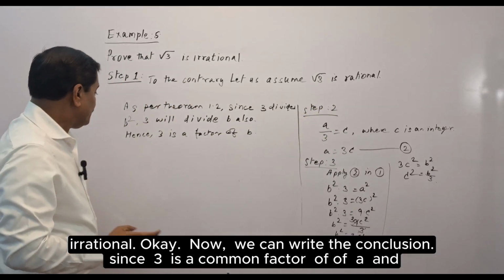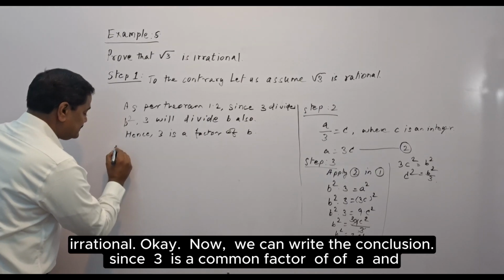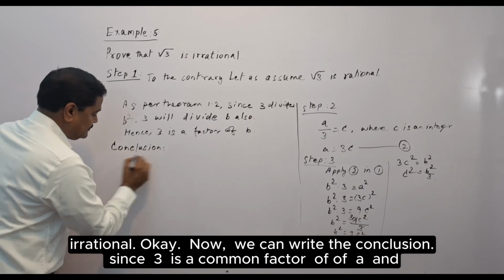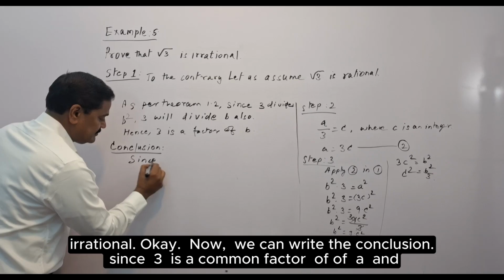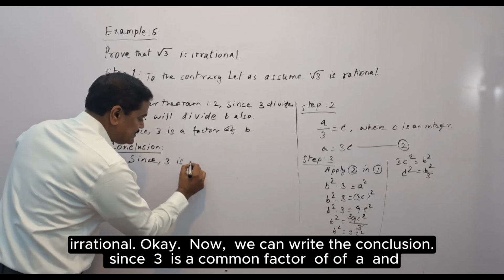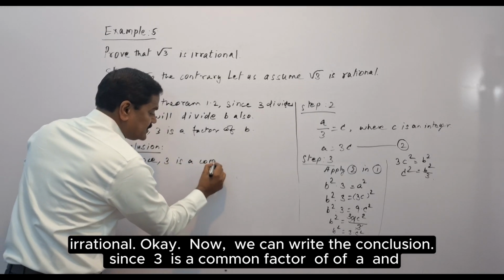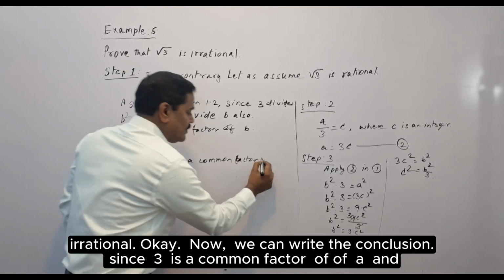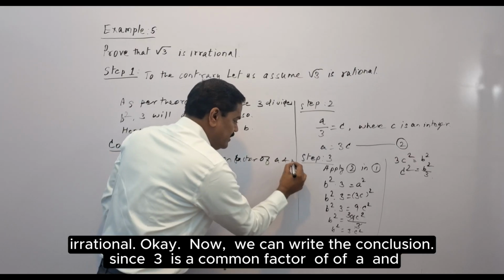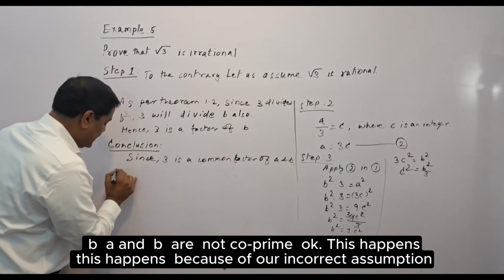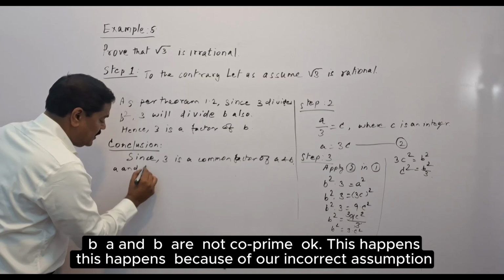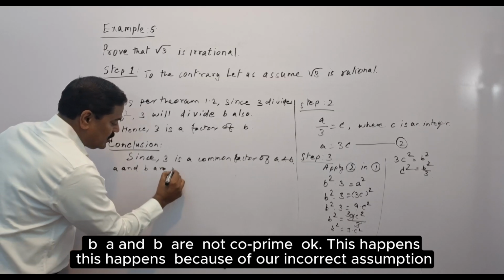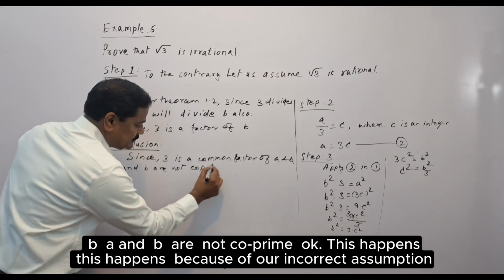Now we can write the conclusion. Since 3 is a common factor of a and b, a and b are not co-prime.